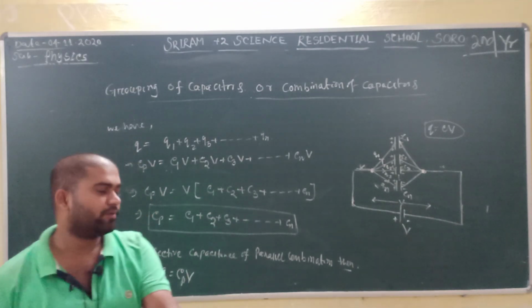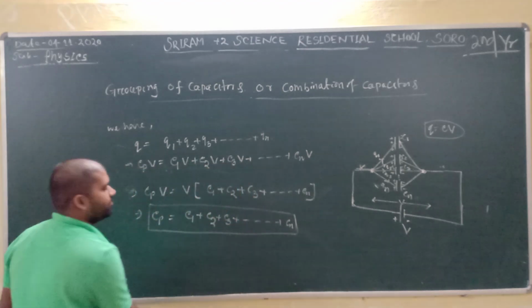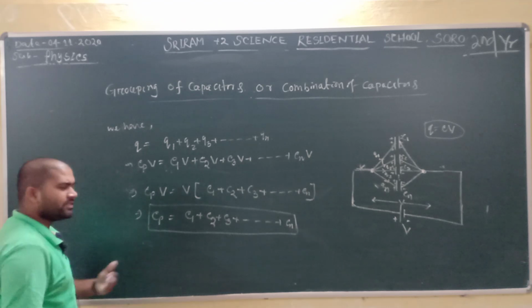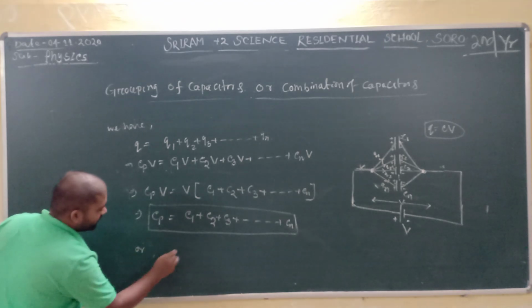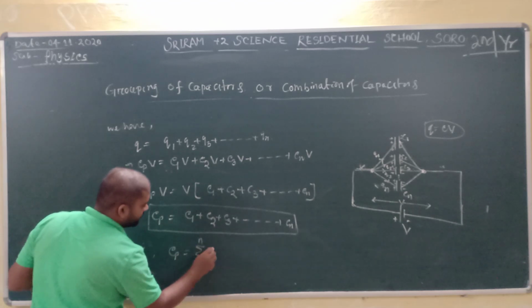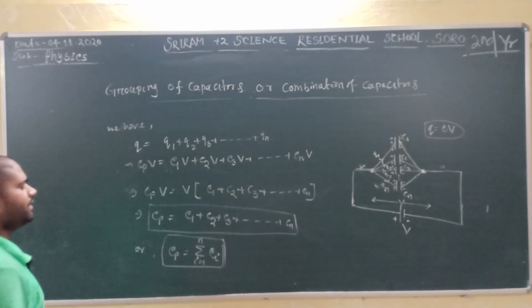One thing to mark: in case of parallel combination, there is a simple algebraic sum, and in case of series, there is a reciprocal algebraic sum. Or Cp equals summation over i equals 1 to n of Ci.